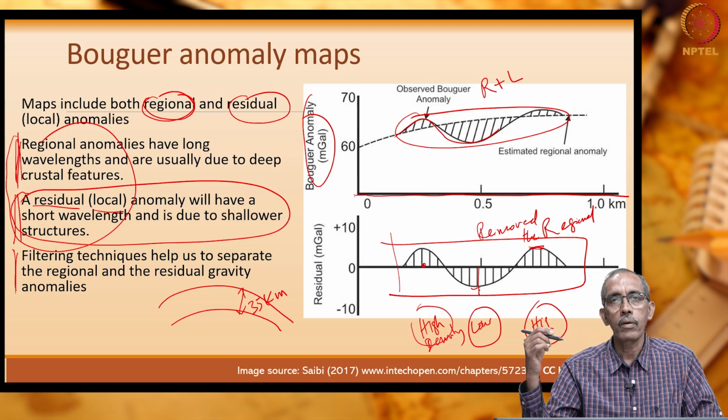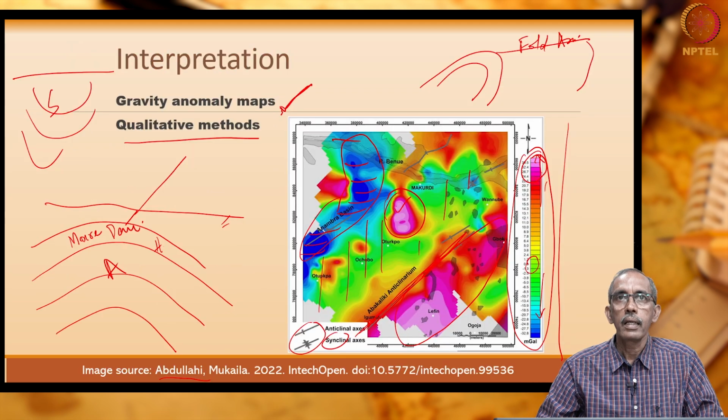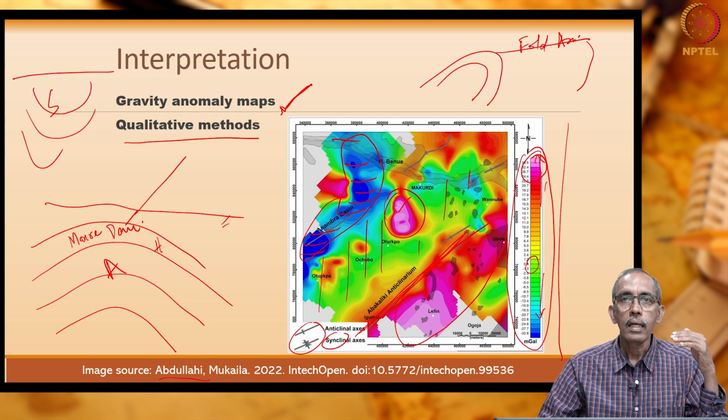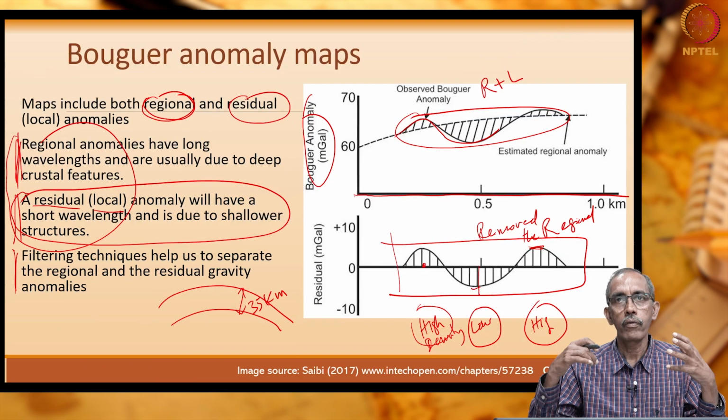So, this is how we prepare even the maps which we have seen on the previous page, after filtering the effect of the regional anomaly. Only then does this map help us to decipher major structures very close to the surface of the earth, right. So, how have we done that?